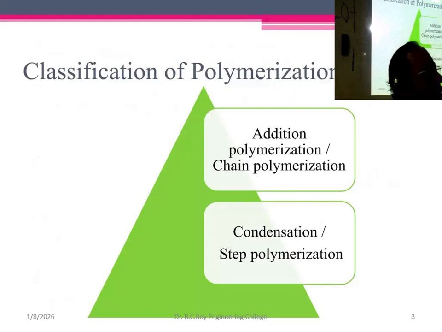The ethylene molecule's double bond will break, and it will have two openings. On one side, RO will join, and the other side will become open. Then another molecule of CH2 double bond CH2 joins, and it goes on joining. This is called propagation, how the reaction proceeds. First initiation, then propagation.